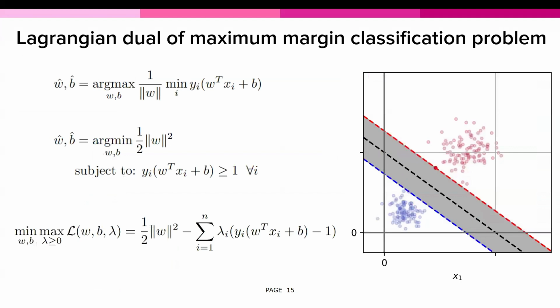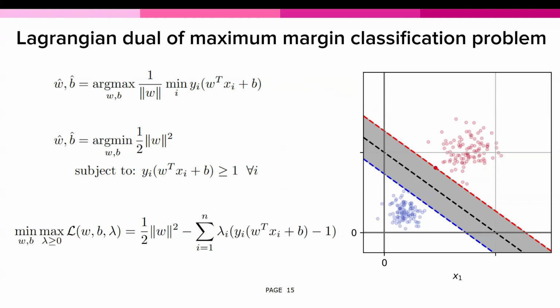Okay, let's see how we could apply the Lagrangian approach to the maximum margin classification problem. To recap on our progress so far, we were originally maximizing the margin directly in this kind of nested optimization process.